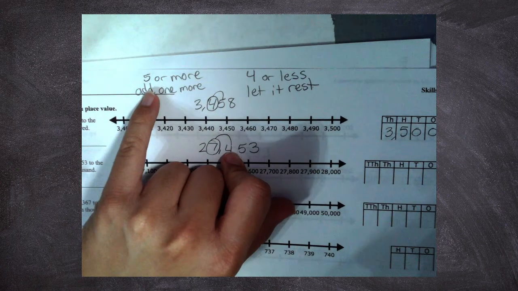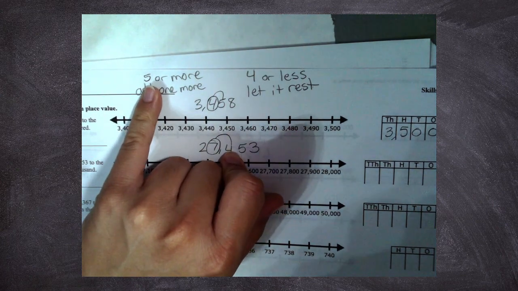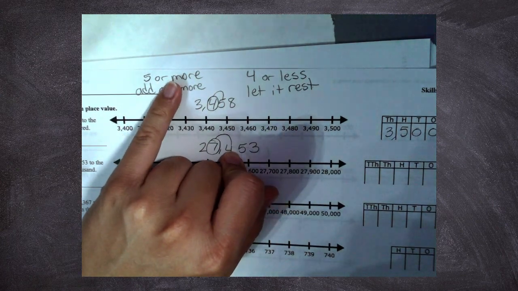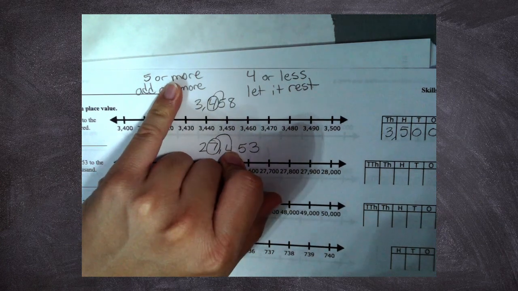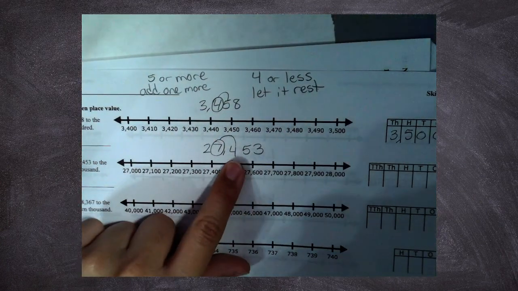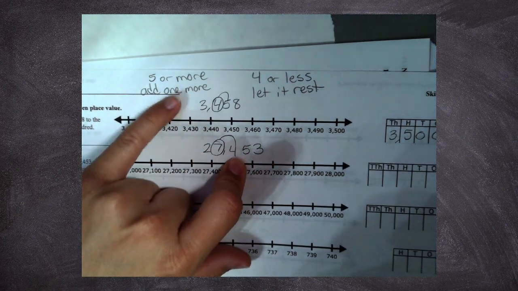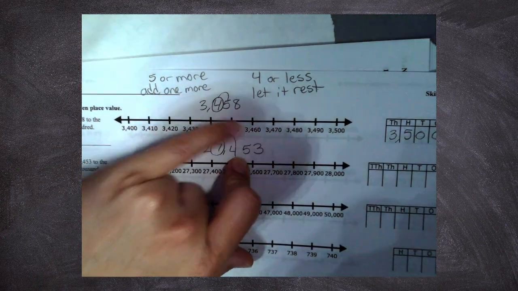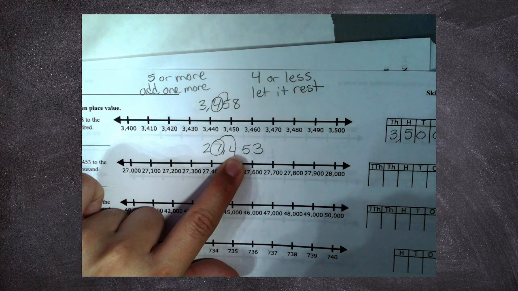So there's two groups. Any number that's 5 or more, and any number that is 4 or less. Which group is this in? Is it in the 5 or more, or is it in the 4 or less? It's in the 4 or less.